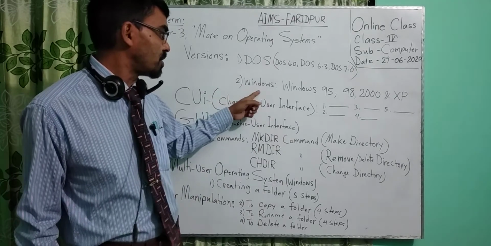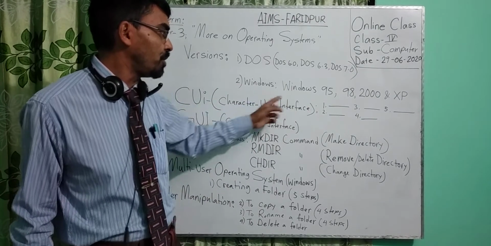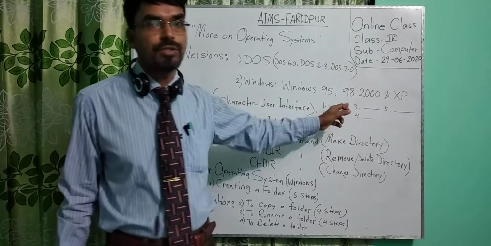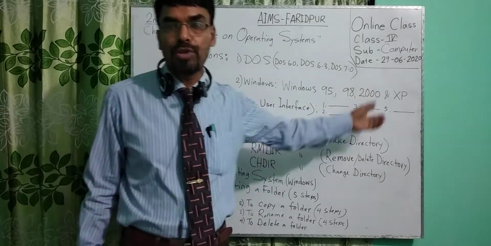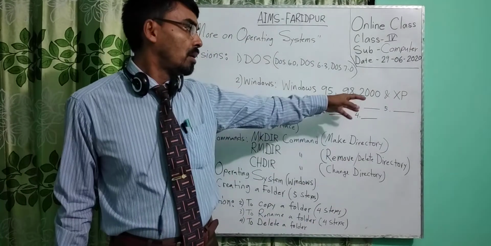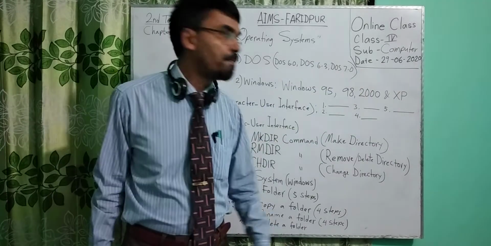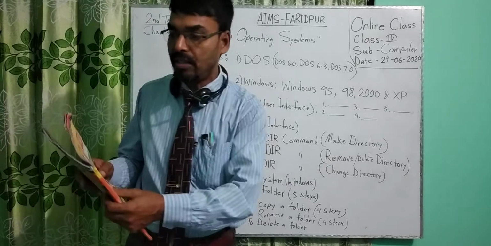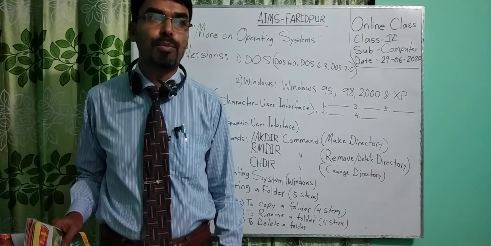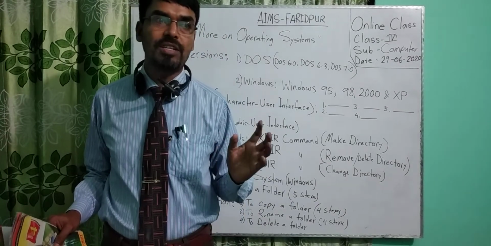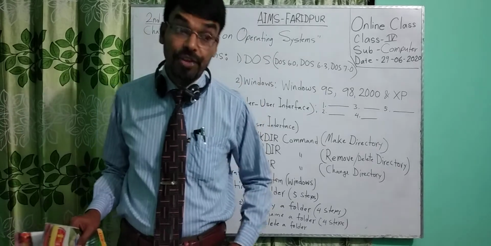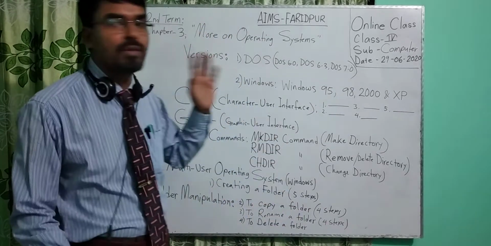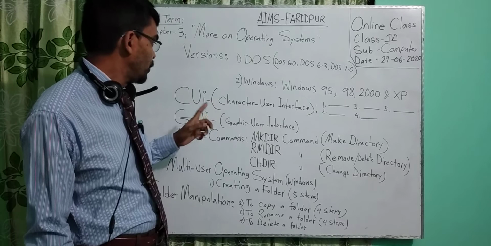And then the second one, Windows: Windows 95, Windows 98, Windows 2000, and Windows XP. These are Windows. Please read the book several times. I think it will be very clear to you.